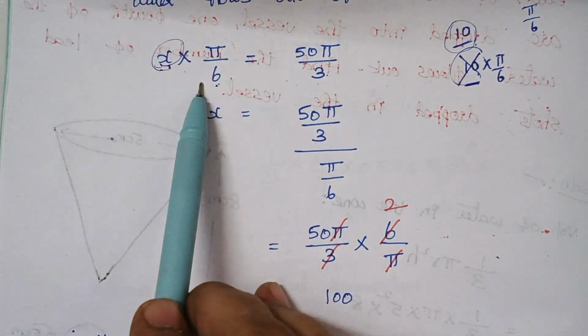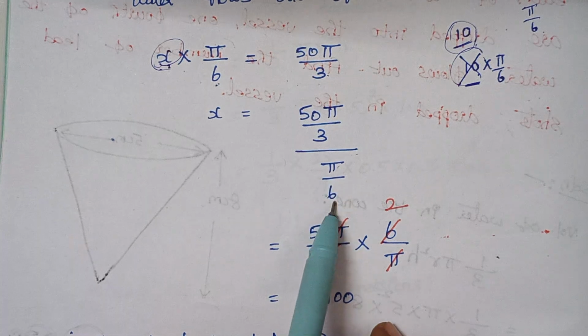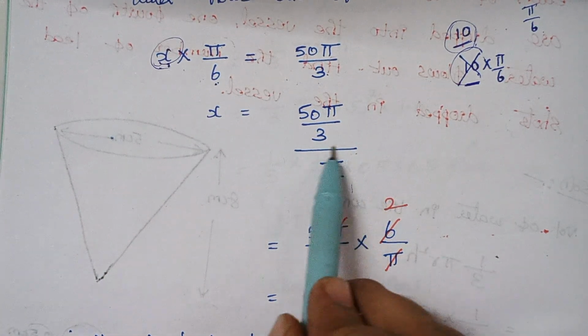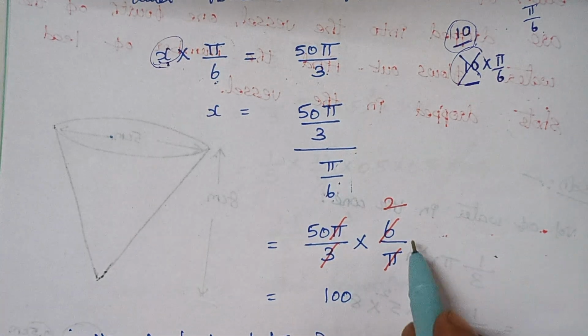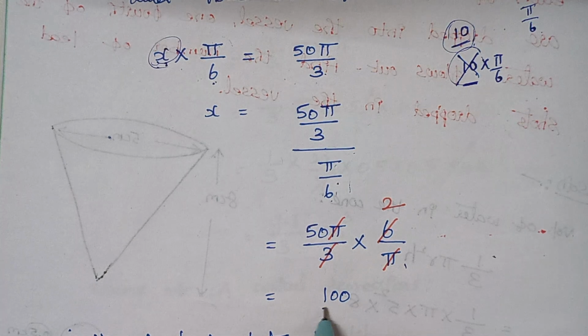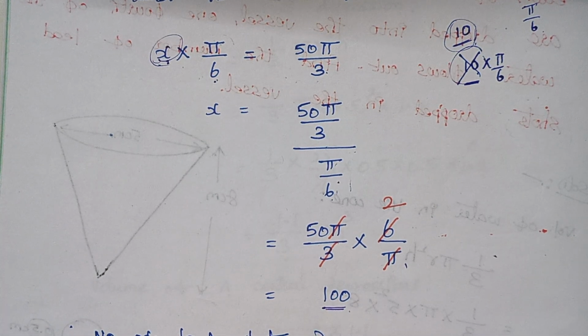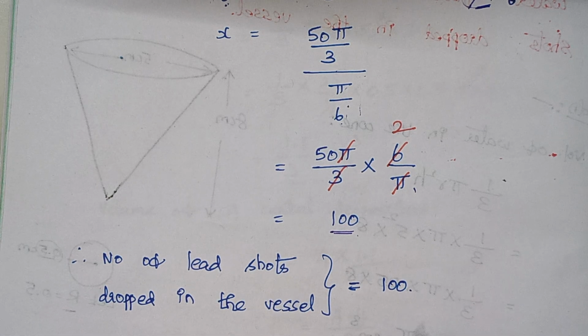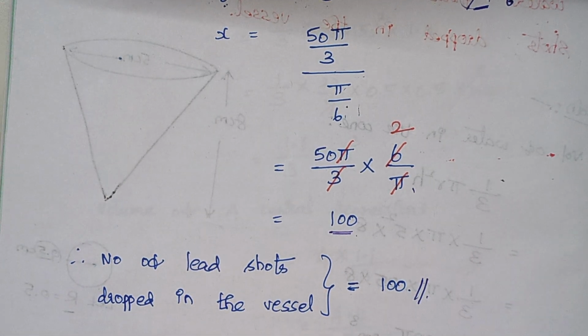When you move this, pi by 6 occupies the denominator part. And when you move this pi by 6 to the numerator, it becomes 6 by pi. When you simplify, we get the answer as 100. Therefore, the number of lead shots dropped into the vessel is 100.